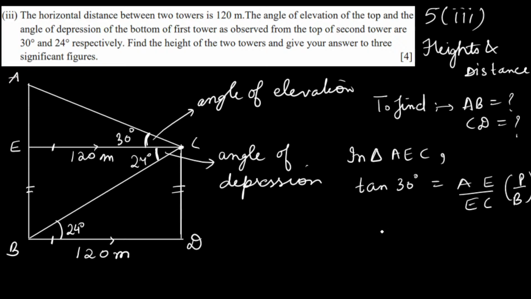Now let's substitute the values. Tan 30's value is 1 by root 3. For the exact value, see the trigonometric table from the back of your textbook and tell me the exact value of tan 30. That will be in decimals.